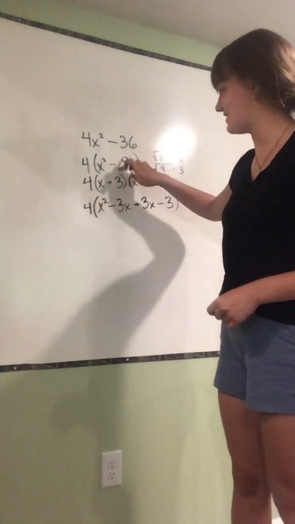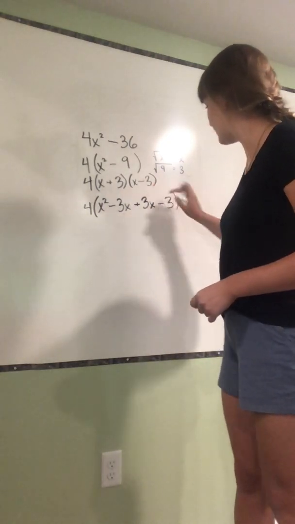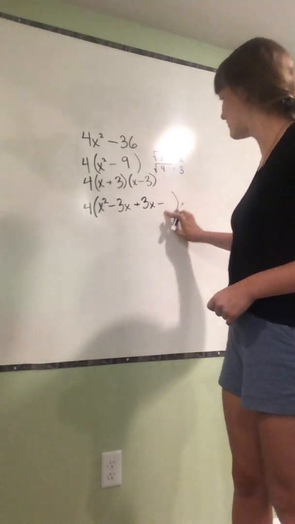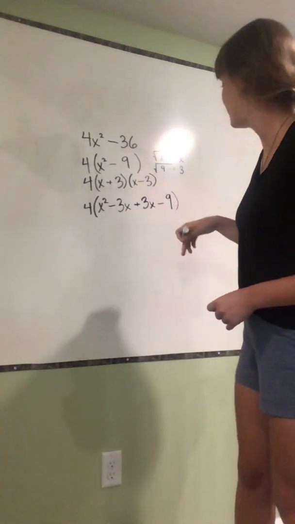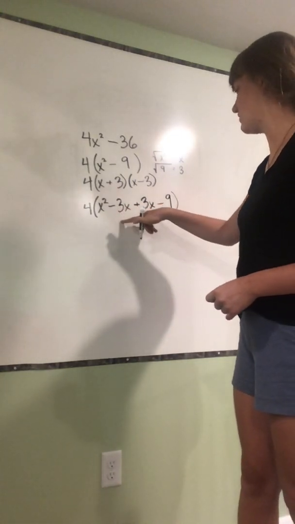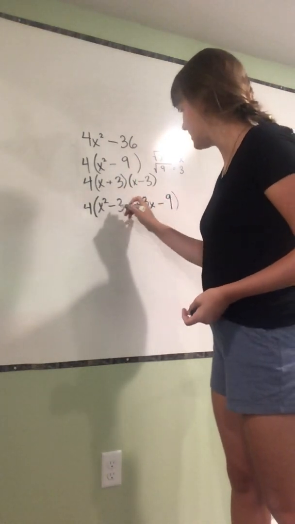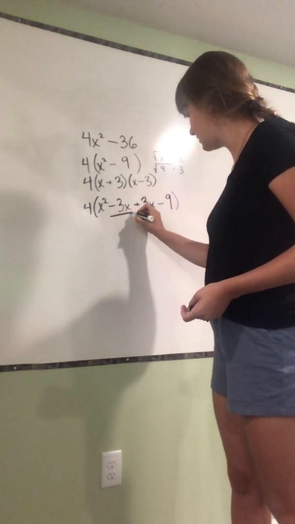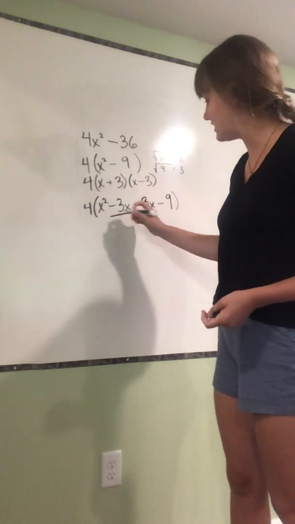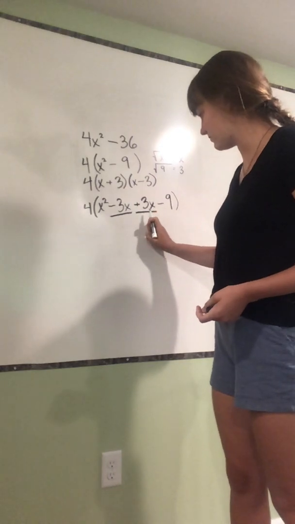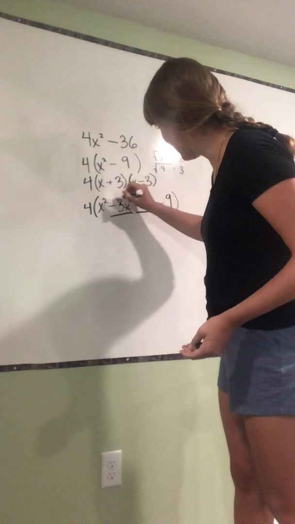This does not look anything like this, right? But if you look closely, negative 3x and positive 3x cancel out, because negative 3x plus positive 3x is going to be 0.